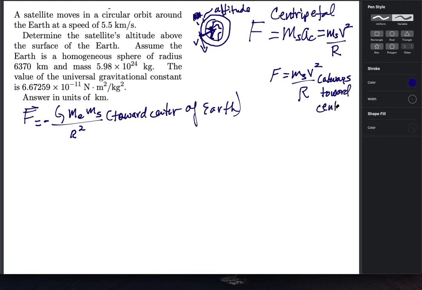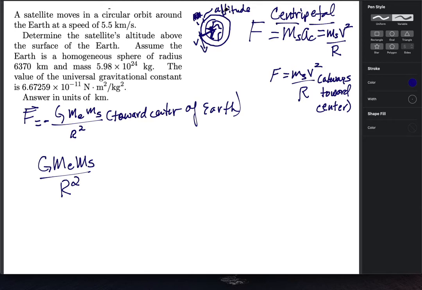That's literally what centripetal means. Always towards the center. So this guy and this guy, they're actually pointing at one another. They're actually the same force. So I don't need the negative sign like I put in here to describe it for a vector, because I know that m v squared over r is towards the center, and I know that gravity is towards the center. So I can actually set them equal to each other. So that's G, mass of the Earth, mass of the satellite, over the radius of the orbit squared.